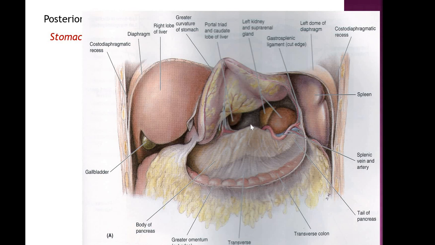You see here the stomach is lifted and you see the structures which are posterior to the stomach. These are the left kidney, left suprarenal gland, then the splenic artery, then the pancreas, transverse mesocolon and diaphragm. So these are the structures that form the stomach bed.